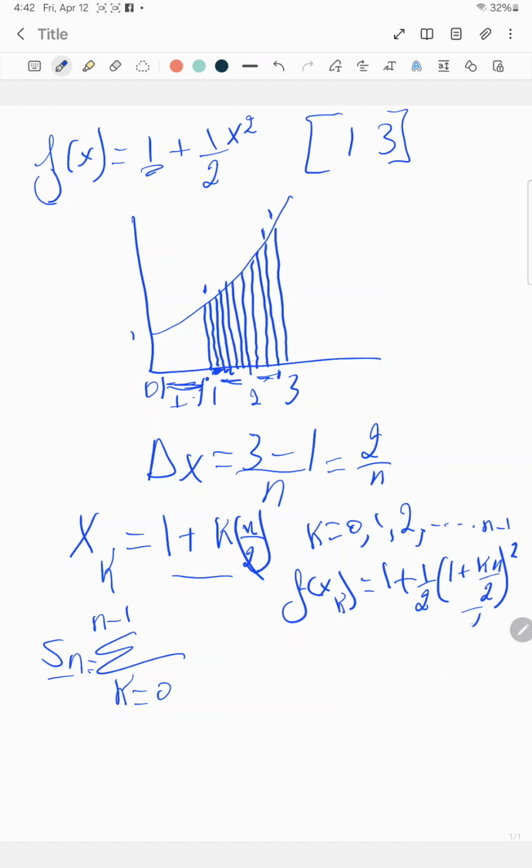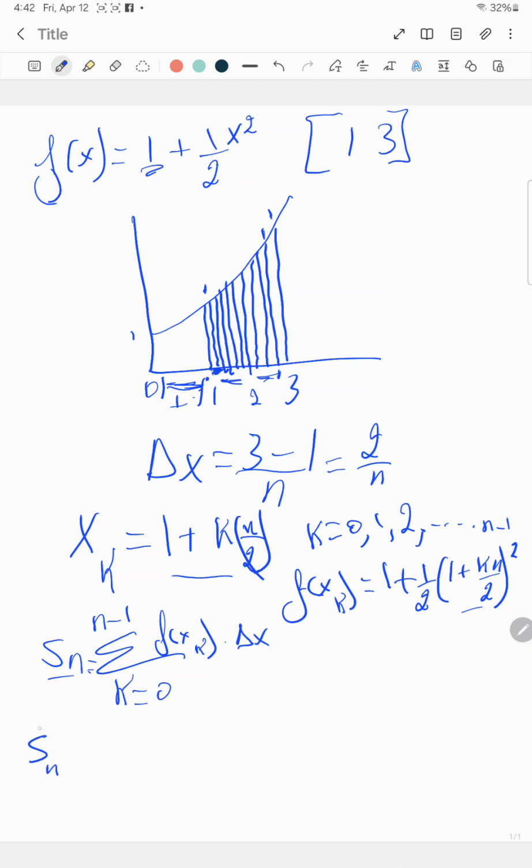Because this here is x squared, but I replace x by x of k. So it is the height, which is f of x of k, times delta x, which is the width.